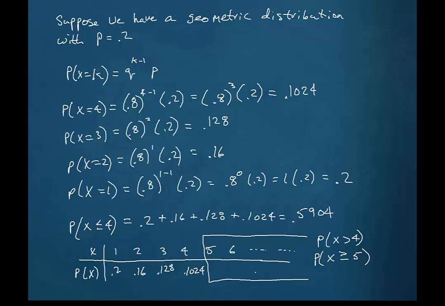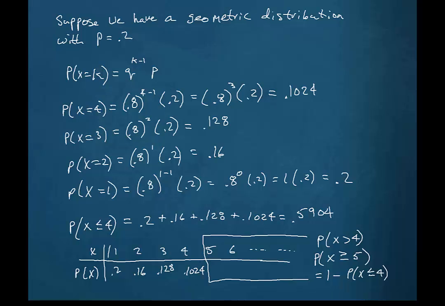Well, there would be infinitely many things for me to add up here if I did this by just adding. But the thing that we have to remember is that for any probability distribution, the sum of all of the probabilities has to be 1. So really, all I'd have to do to find the probability that X is greater than or equal to 5 is subtract from 1 the probability that X is less than or equal to 4.